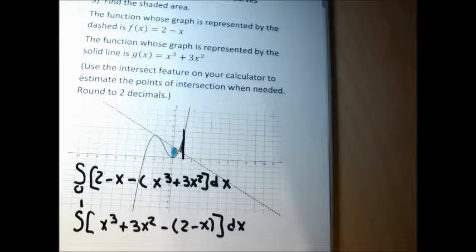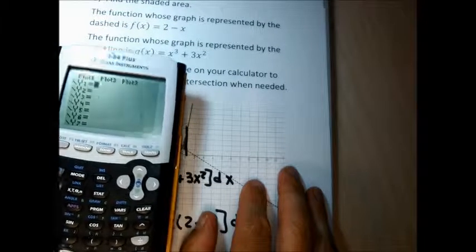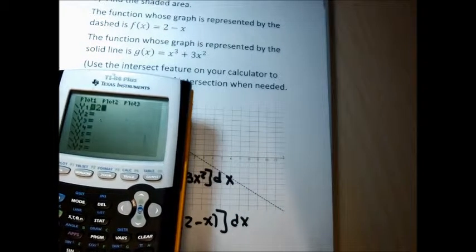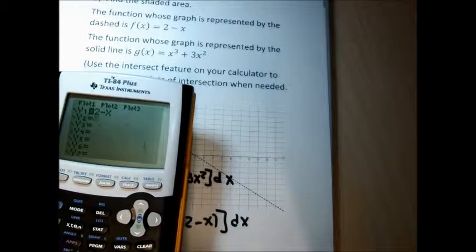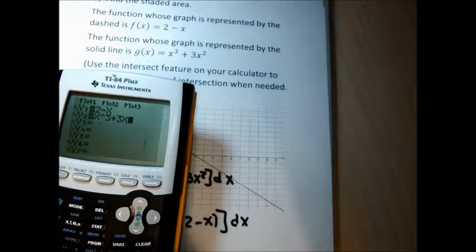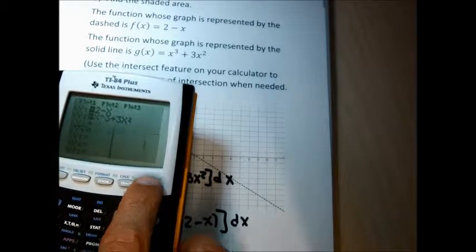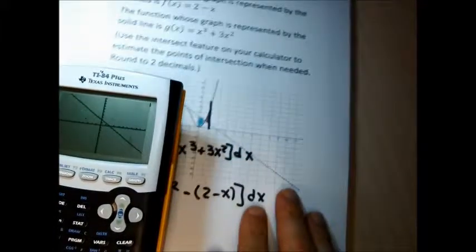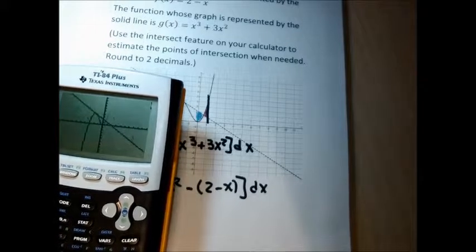To find where the graphs intersect, on my calculator I'm going to enter into y1 the 2 minus x function, and in y2 the x up arrow 3 plus 3x squared function. I'm going to graph them and get a graph that looks just like my graph without the shading.